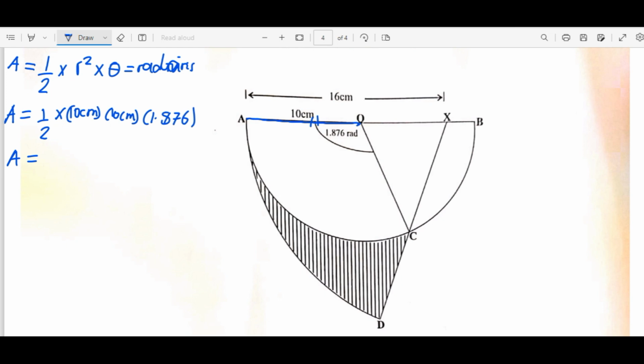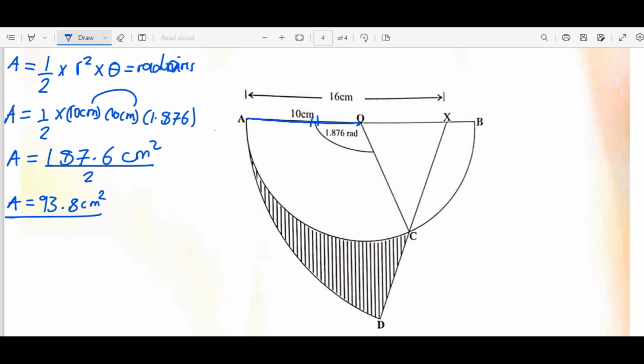So I'm going to say 10 times 10 multiplied by 1.876. I'm getting 187.6 centimeters squared, divided by 2. So if you divide this by 2, our final answer is 93.8 centimeters squared. So that's our area. So we are done with the first question.